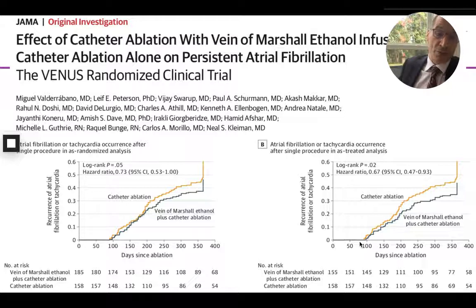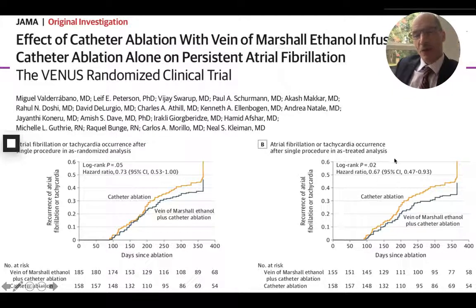The p-value was 0.049, but JAMA only allows you to round it to 2 decimals. If you look at the as-treated analysis, the hazard ratio was 0.67, a significant reduction of recurrences in the Vein of Marshall group, confidence interval below 1, and a p-value of 0.02.